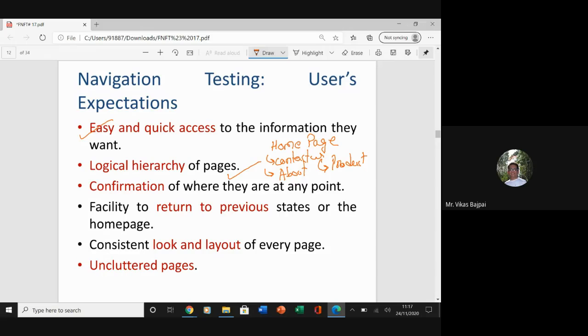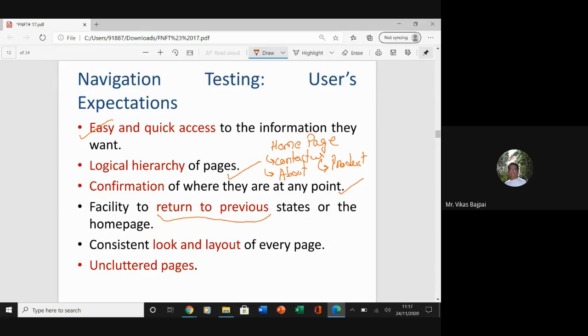Then confirmation of where they are at any point of time, right? During the navigation, as an end user, I should have a clear idea about where I am right now, in what part of the website I have landed. Then a facility to return to the previous state or the home page, right? In almost any website, you will see that we can directly jump to the home page if and when required.